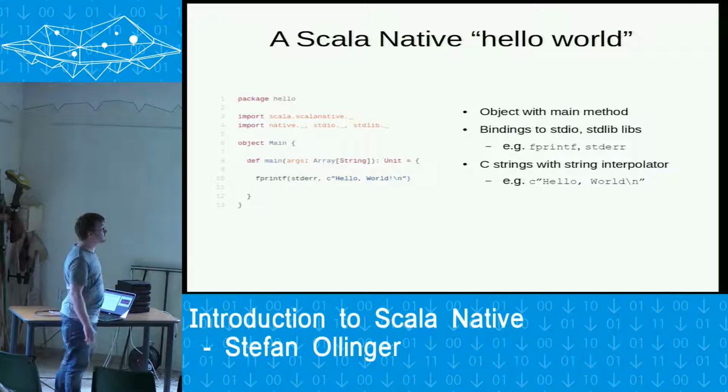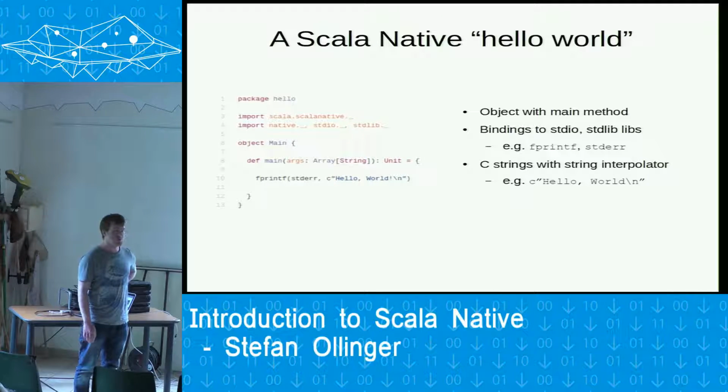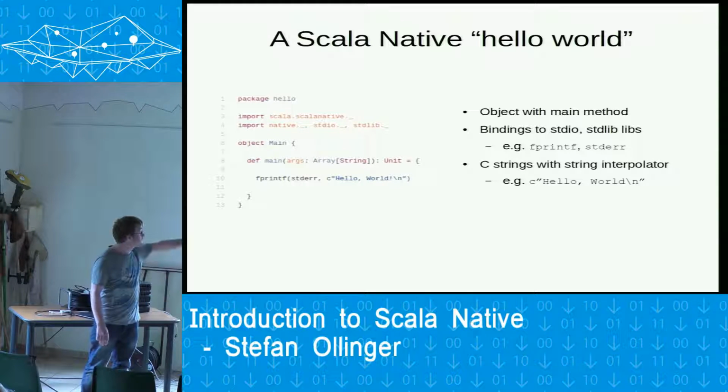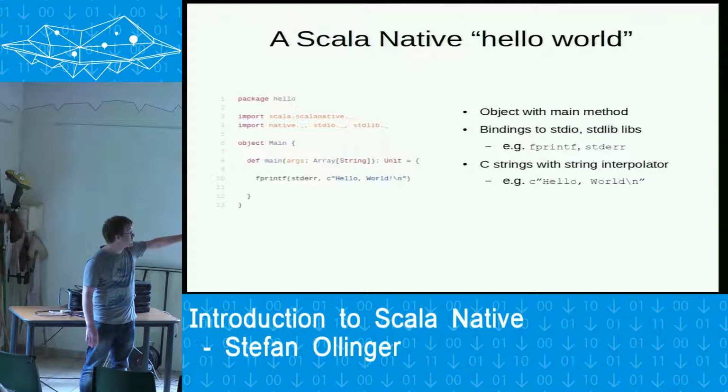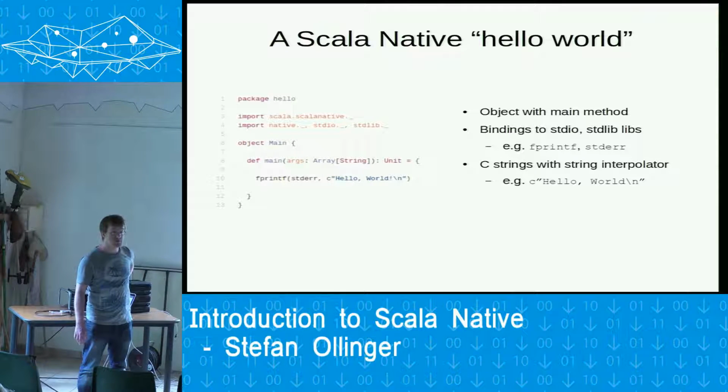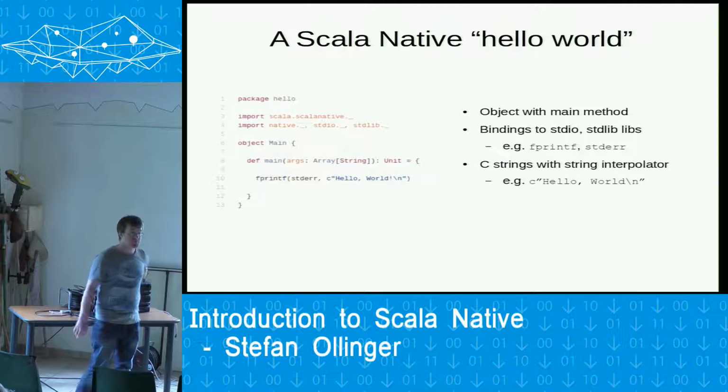That's how the Hello World example looks. So it's quite standard. The difference is that you can now use stdio, fprintf, and stderr, and you can use C strings, which you prefix with a small c in front.